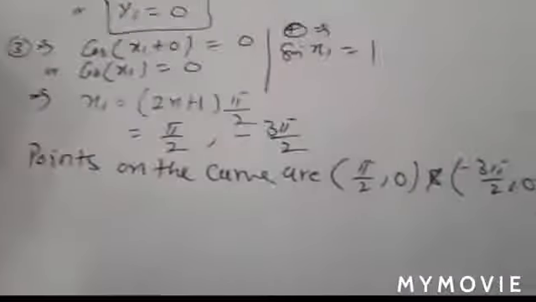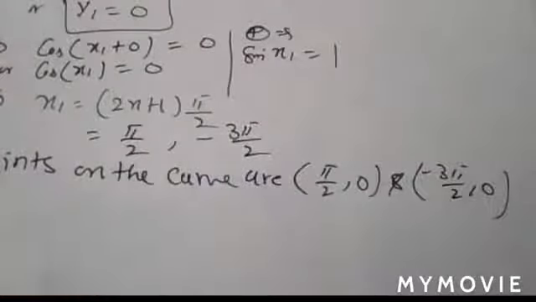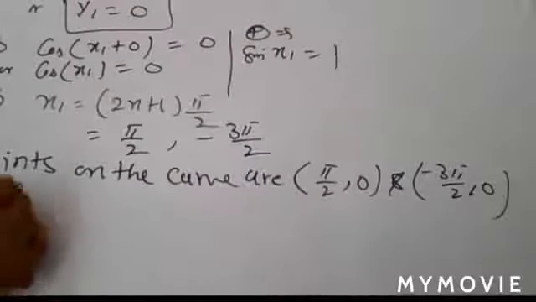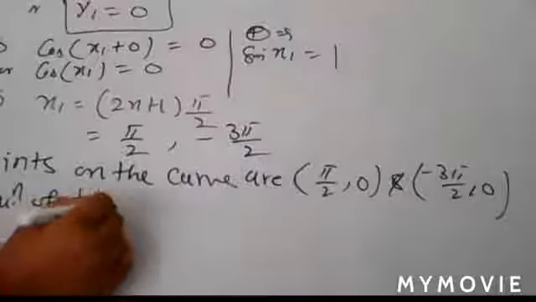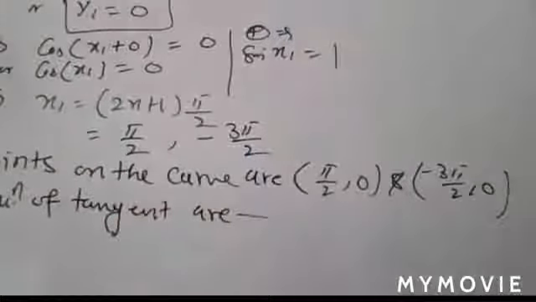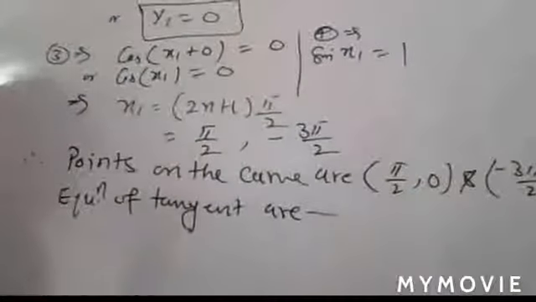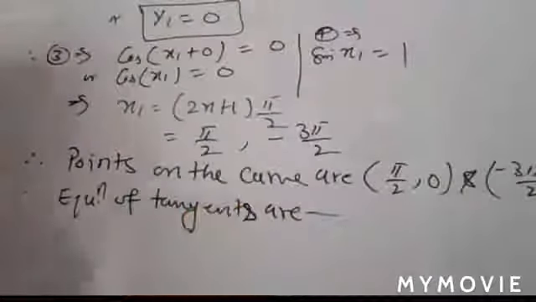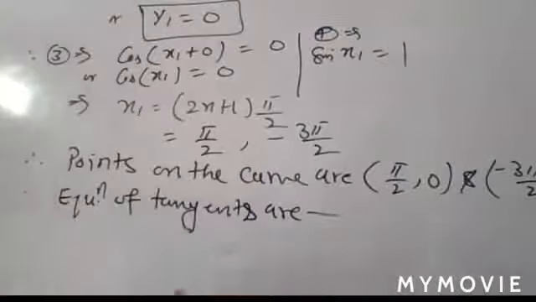Here you have 2 points on the curve, so here are the equations of the tangents. You find the equation for the given 2 points.